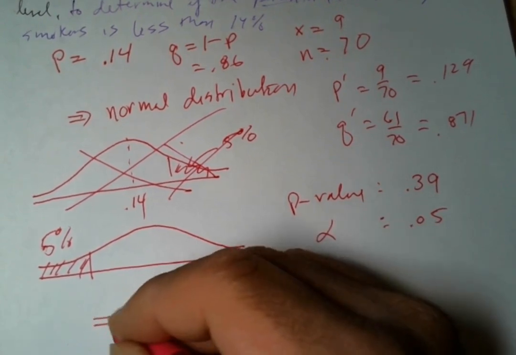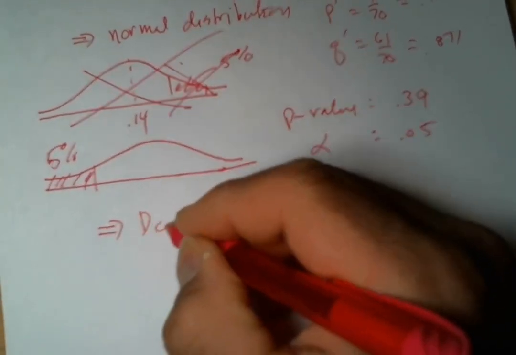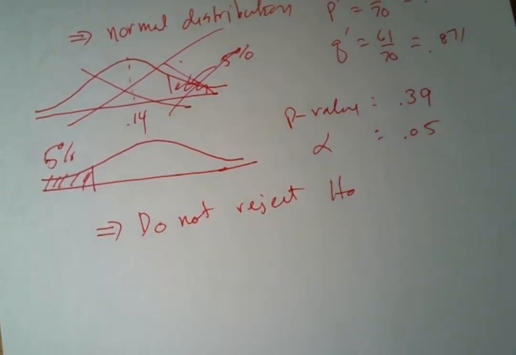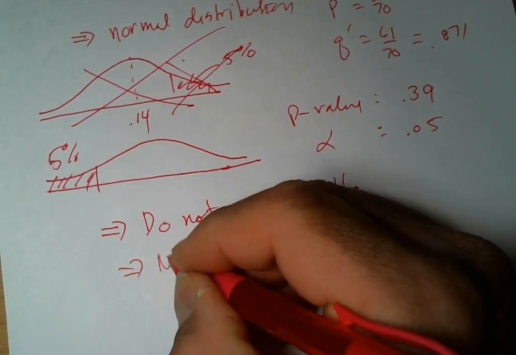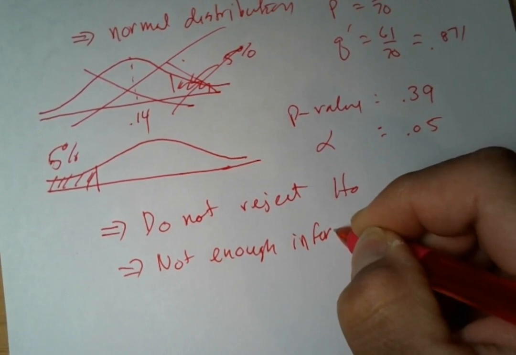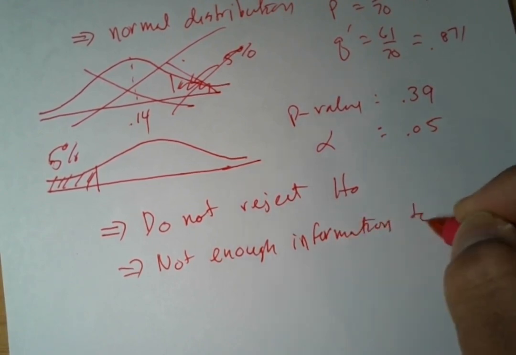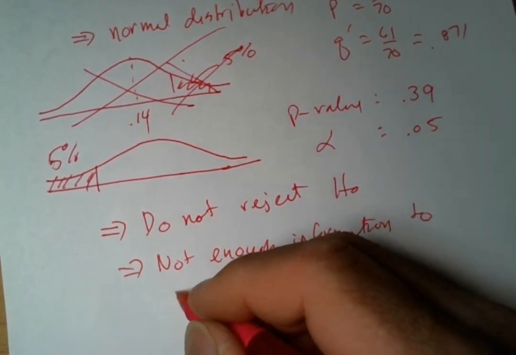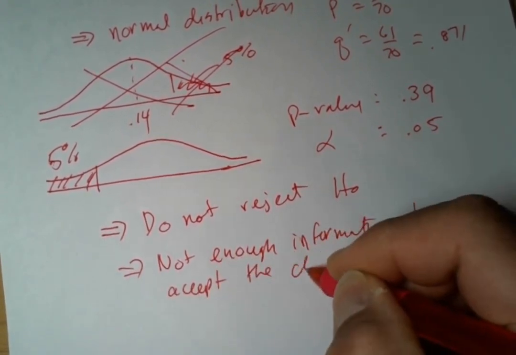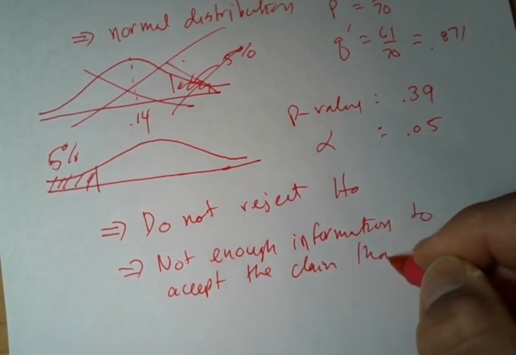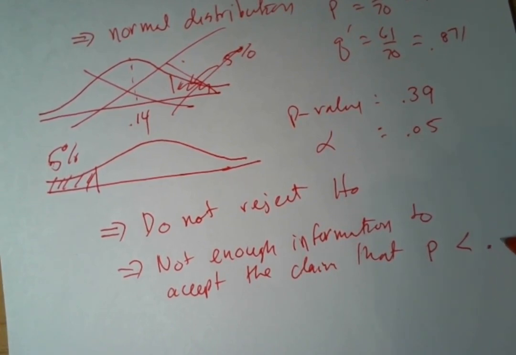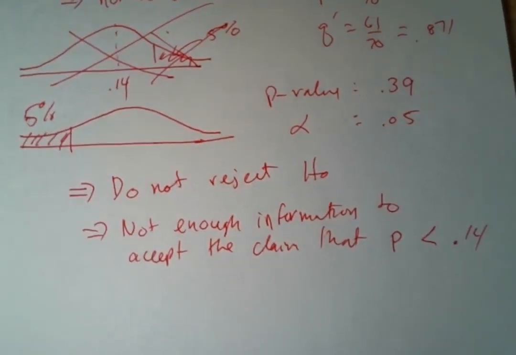So what we conclude here is that we do not reject the null hypothesis, which means there is not enough information to accept the claim that p is less than 0.14.